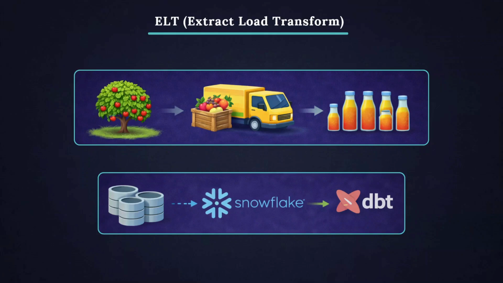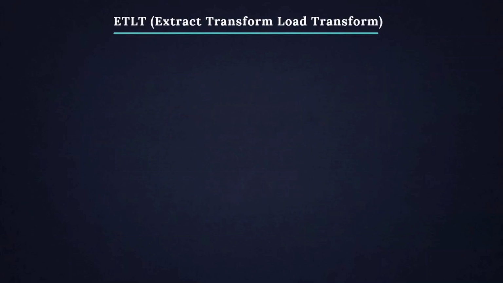Next, we will look at ETLT, the hybrid approach that combines the best of both these worlds. This approach combines ideas from both ETL and ELT. Let's start again with the fruit example.